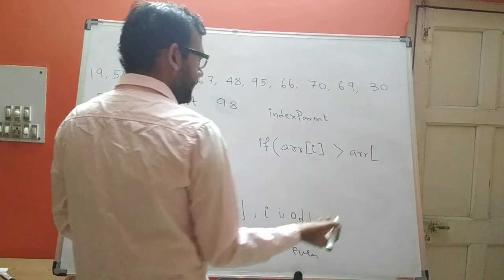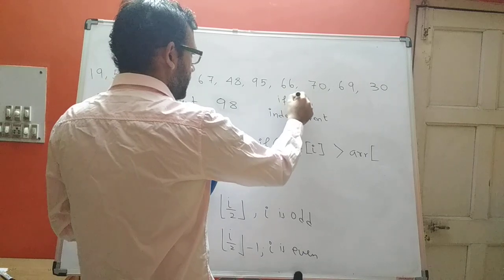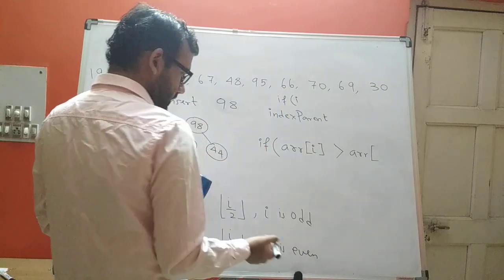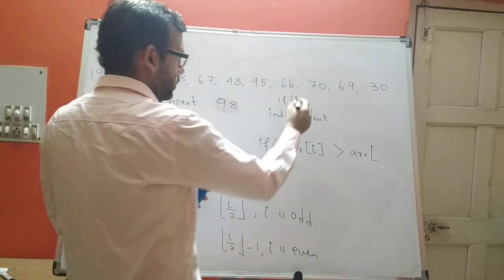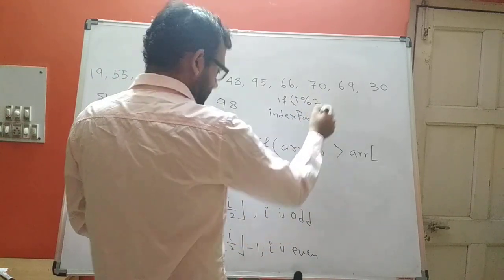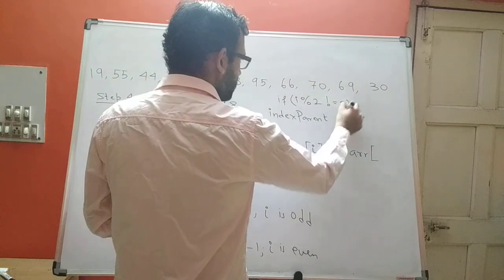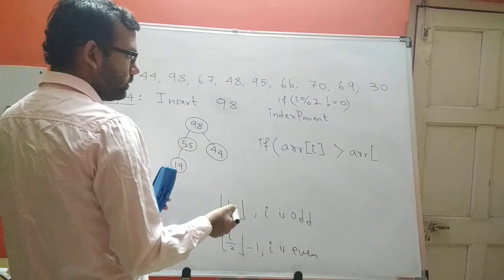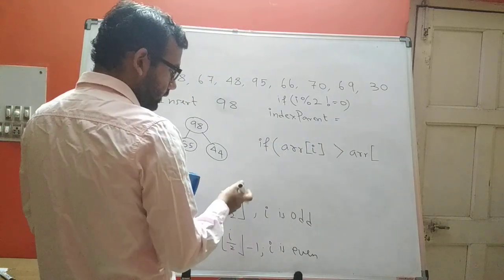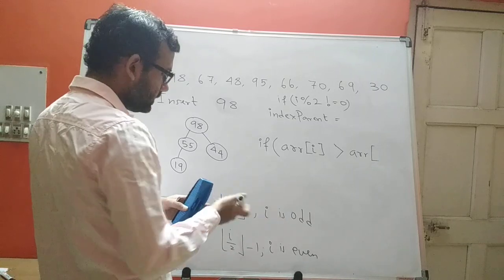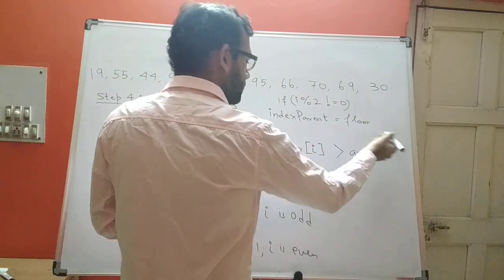So I can say index parent. How do I do this? I check the value of I, the current node I'm talking about. If that is odd, so if I mod 2 is not equal to 0, then my index parent would be I by 2, and I would take its floor value. Let's say you have a floor function available in your programming language.